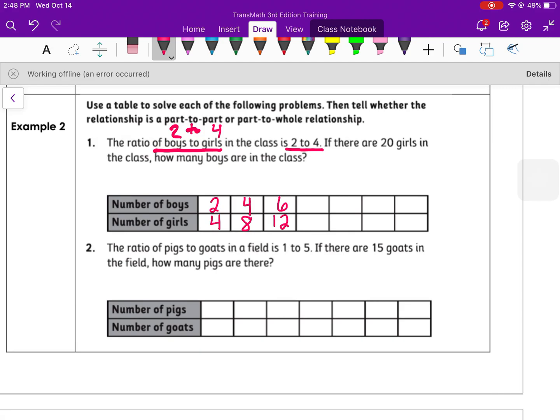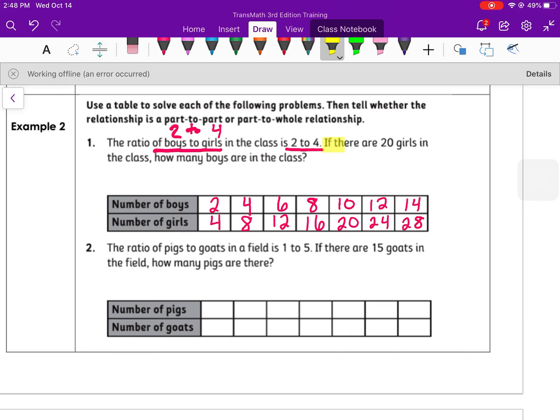If there were 8 boys, there would be 16 girls. So there's always double the amount of girls than there are boys. 10 boys, there would be 20 girls. And then 12 boys, there would be 24 girls. 14 boys, there'd be 28 girls.